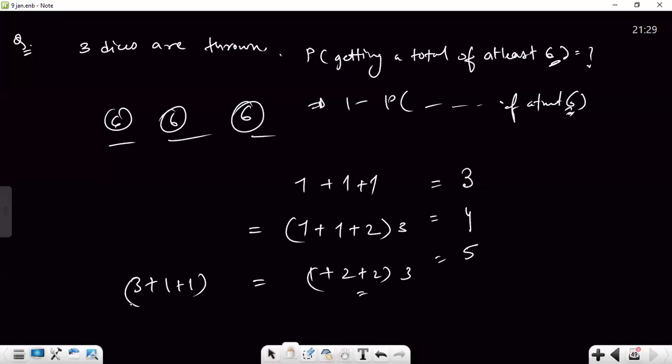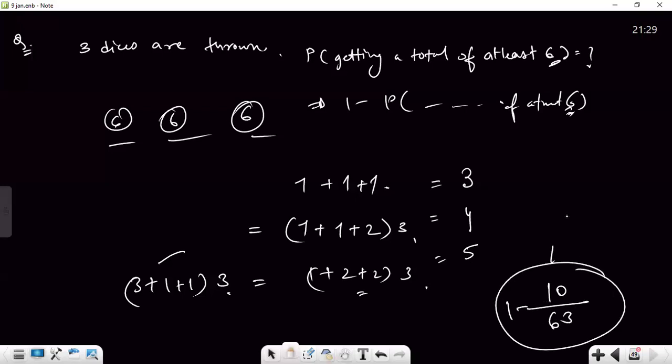Or 2 plus 1 plus 2, okay. 2 plus 3 plus 1, no. 1 plus 1 plus 3. We have already counted this. This also has 3 arrangements. So 3, 3, 6, 3, 9, and 1. That's 10. So 10 divided by 216 is what we subtract. This will be our answer.